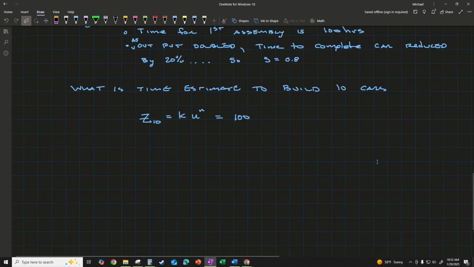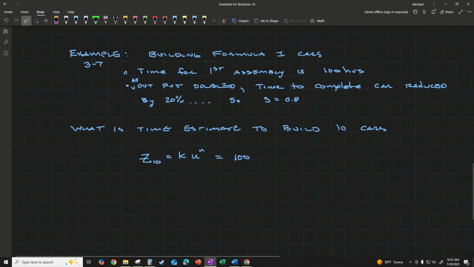So in this case, K is 100 for 100 hours for the first car, and then we have U raised to the power of log of 0.8 over log 2.